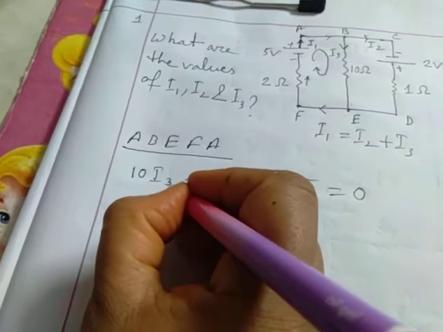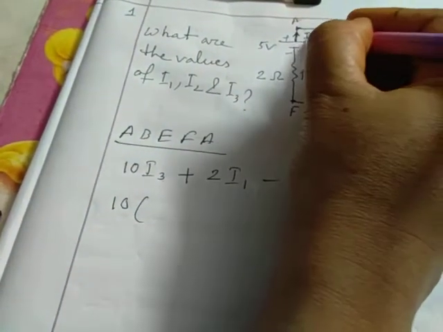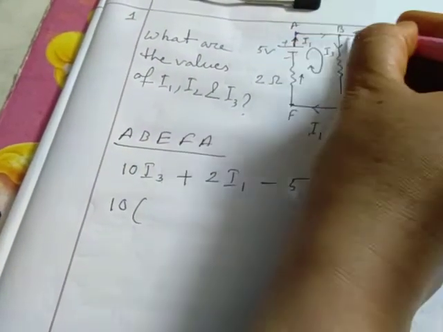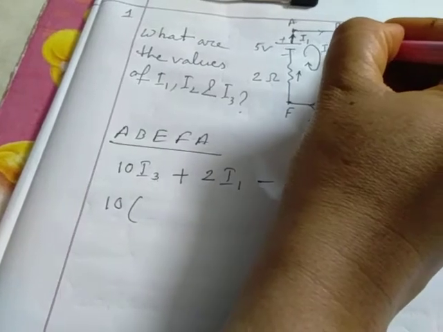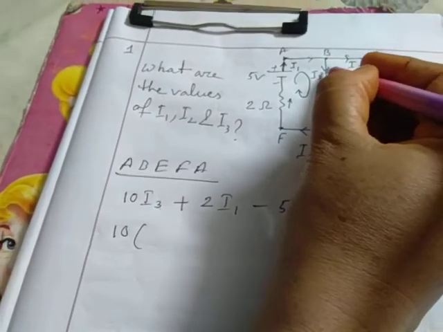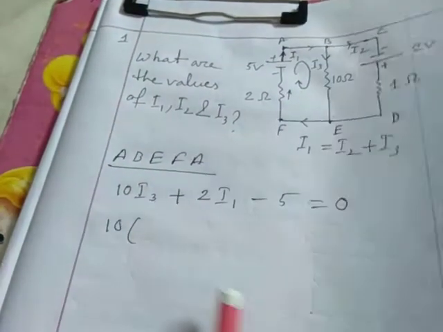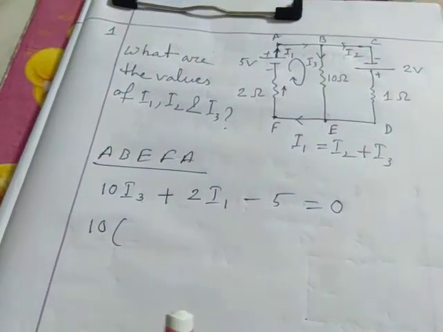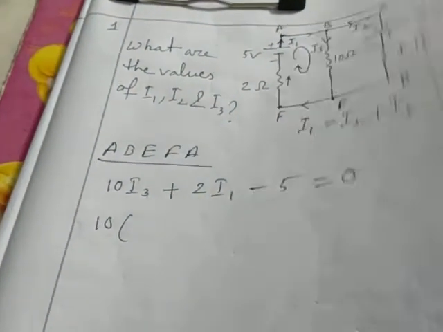In case of I3, you can write what? Look, I1 is the incoming current and I2 and I3 are the outgoing currents. So I3 means I1 minus I2, as I have shown you earlier in case of KCL.